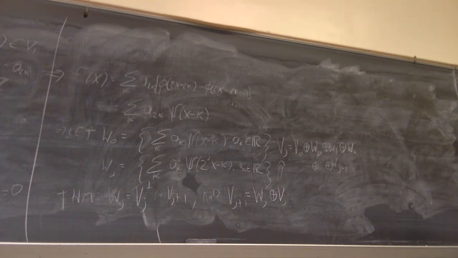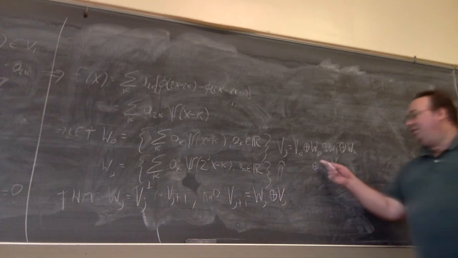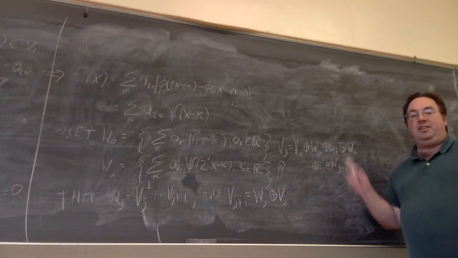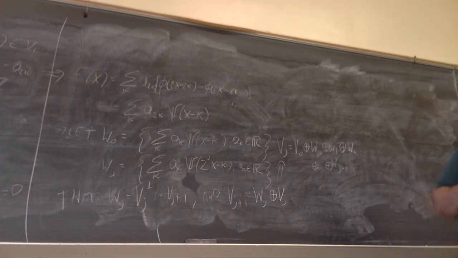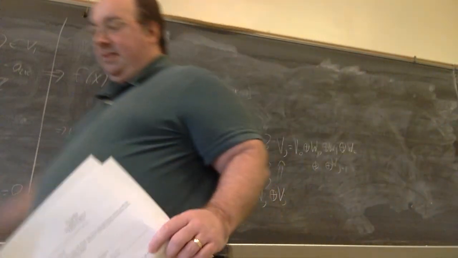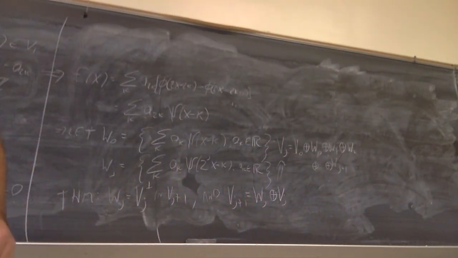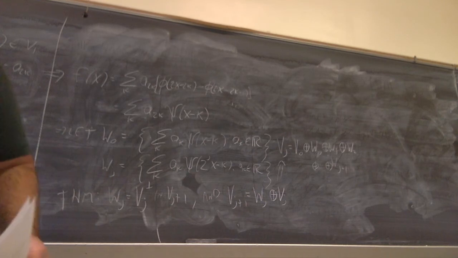So that's the beginnings of multi-resolution analysis. Each of these pieces describes increasing levels of detail. And this, of course, makes many of the recursive algorithms that we have for wavelets possible.